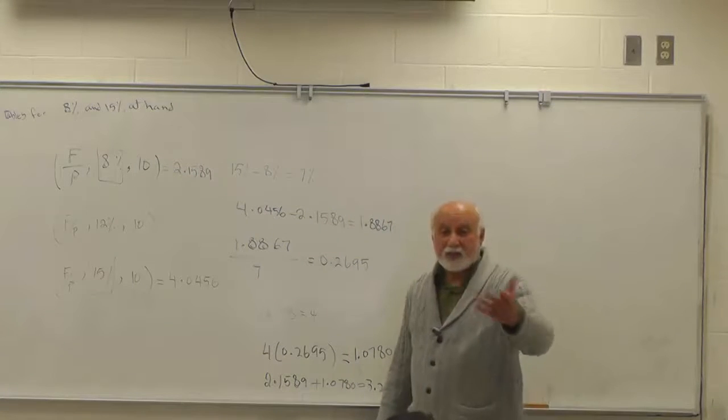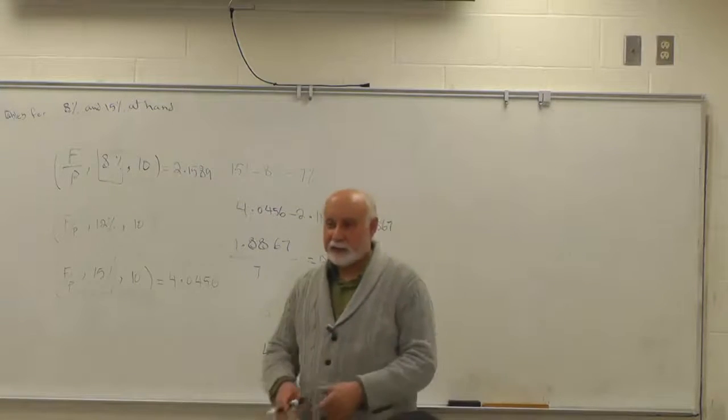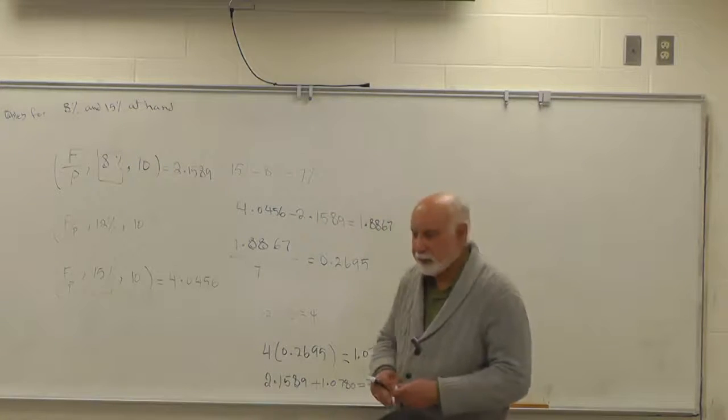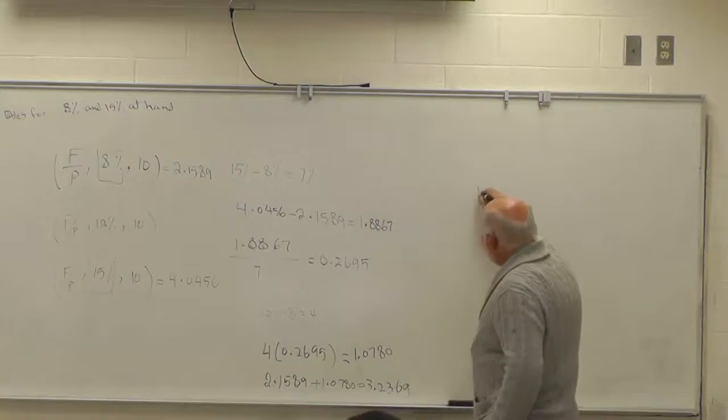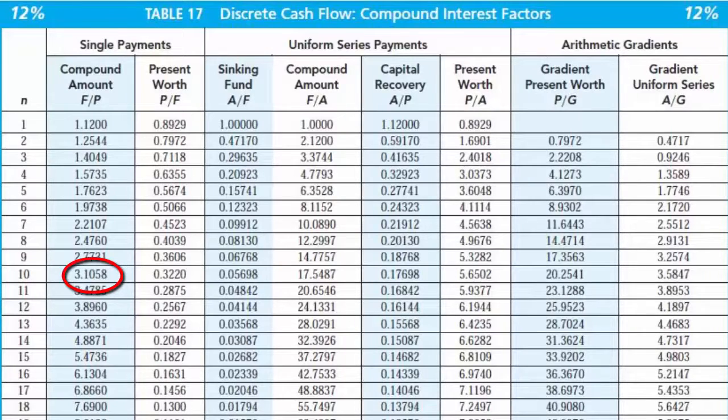Now, look at the real value in the 12% table. The real value from the 12% table is 3.1058.